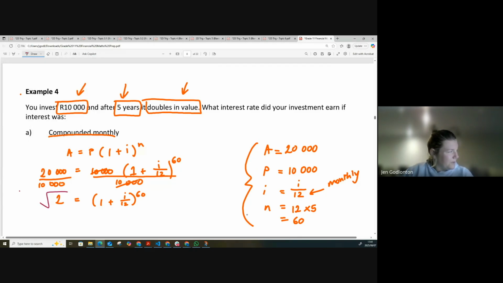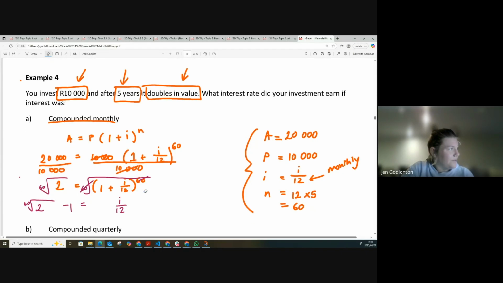So we're going to root that, and we're going to root that, and then these two are going to cancel. And I'm going to leave this as 2 root 60 just to make my life easier. And then I have 1 plus I over 12. And I'm going to move this 1 over, so I'm going to have minus 1. And I am left with I over 12.